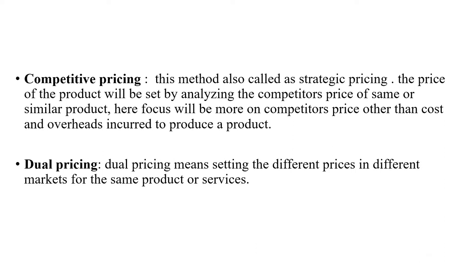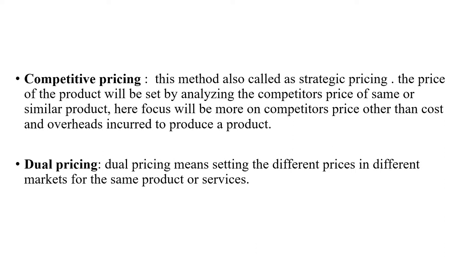Next is dual pricing. Dual pricing means setting different prices in different markets for the same product or services. It is just like market segmentation, correct? The producer or seller will set different prices in different markets.